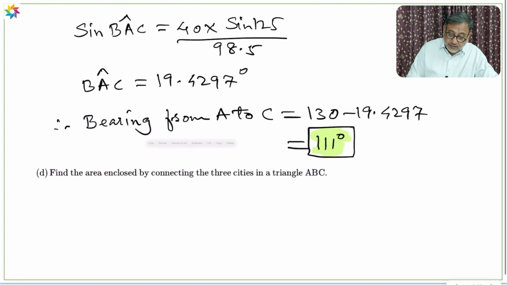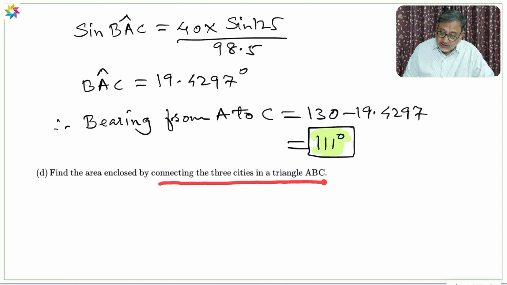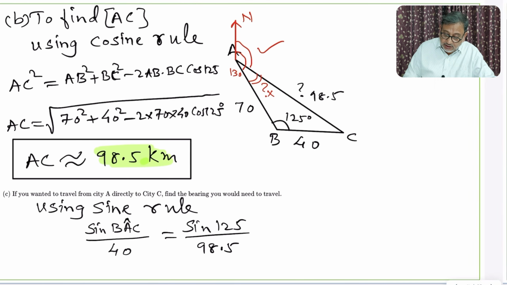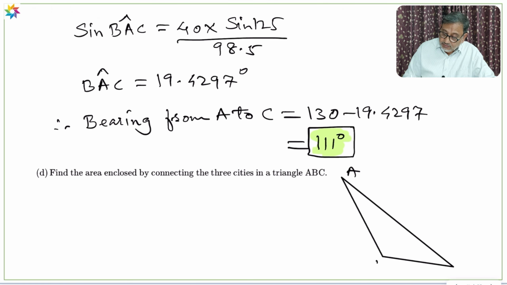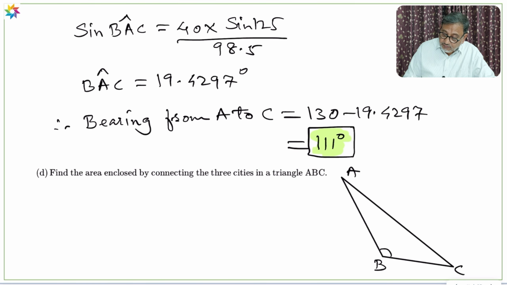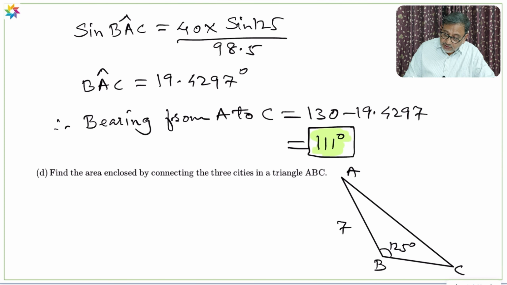Okay, find the area enclosed by connecting the 3 cities. It means that the triangle area we have to find. Something like this. So I am drawing all of it here so that you understand. A, B and C. So see, I have 125 and I have the two sides 70 and 40.